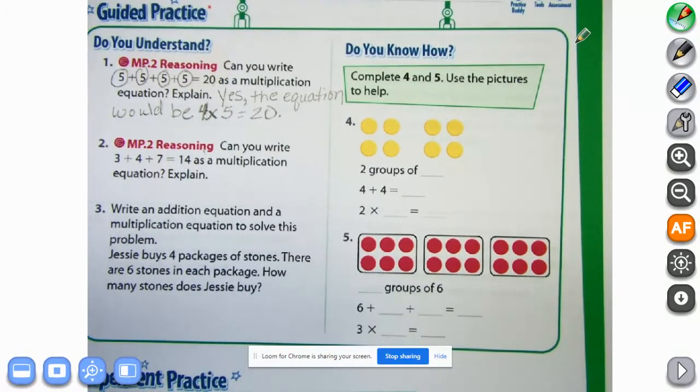All right, we're going to go to number 2. Can you write 3 plus 4 plus 7 equals 14 as a multiplication equation? So can we make a multiplication equation to show groups of that will equal a product of 14?